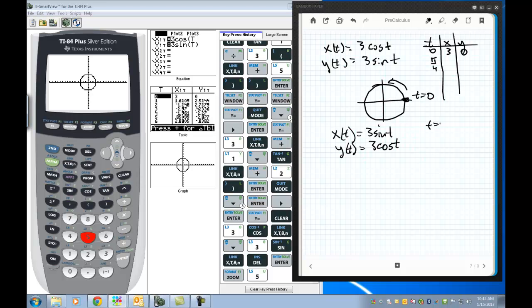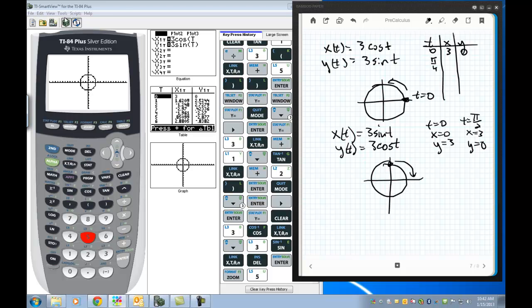Well, when t equals 0, x equals 0, y equals 3. What happens when t equals pi halves? Well, x equals 3 and y equals 0, doesn't it? So what appears to be happening is, for this guy, I start at 0, 3, and I go clockwise.